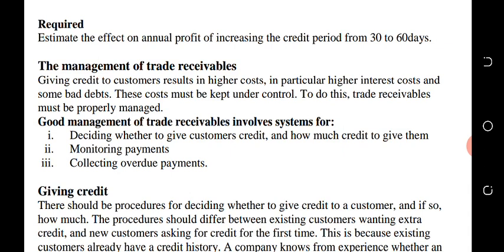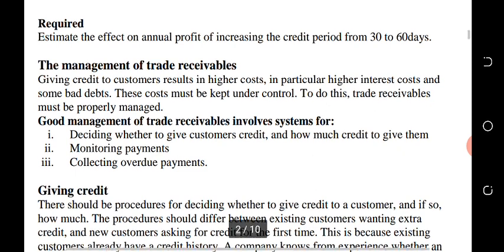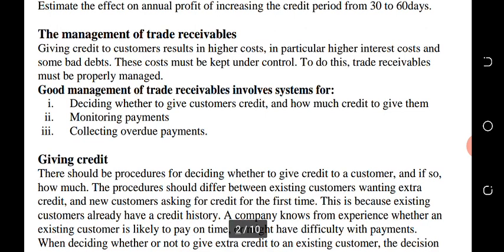So as long as you give credit to customers, the trade receivables you want to receive times the cost of capital will give us the cost of giving credit, which is the finance cost. In particular, higher interest cost and some bad debt.